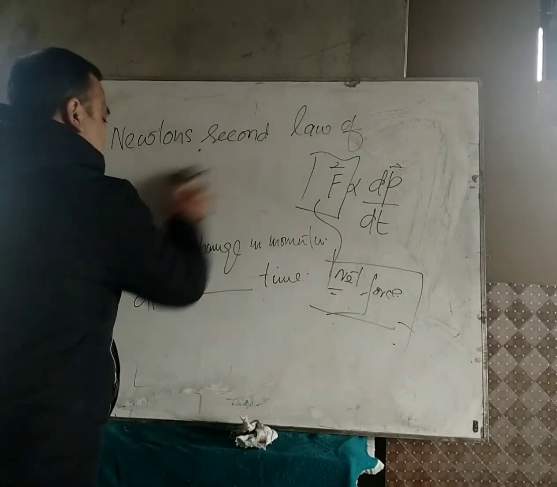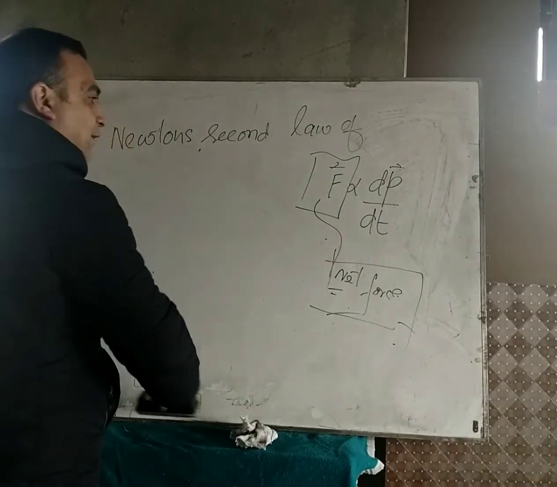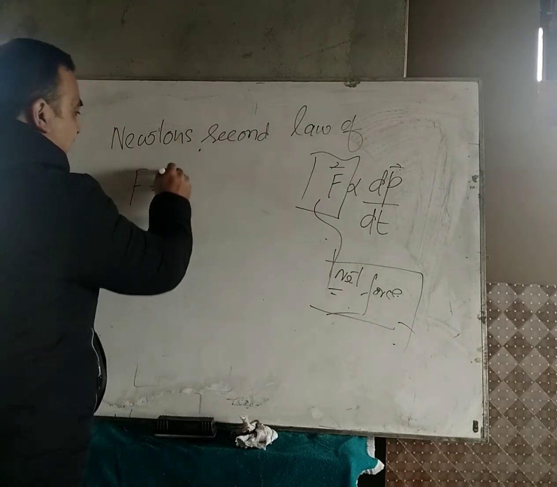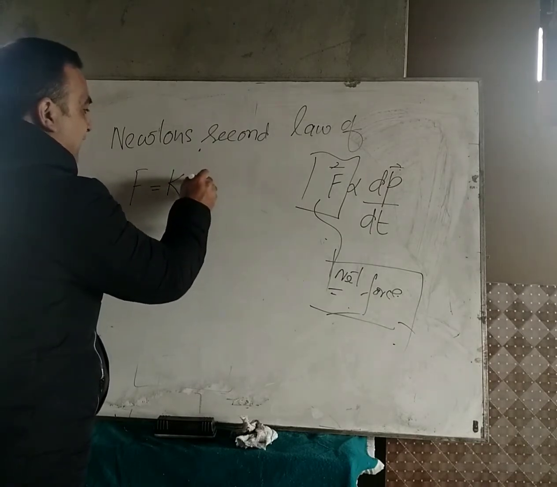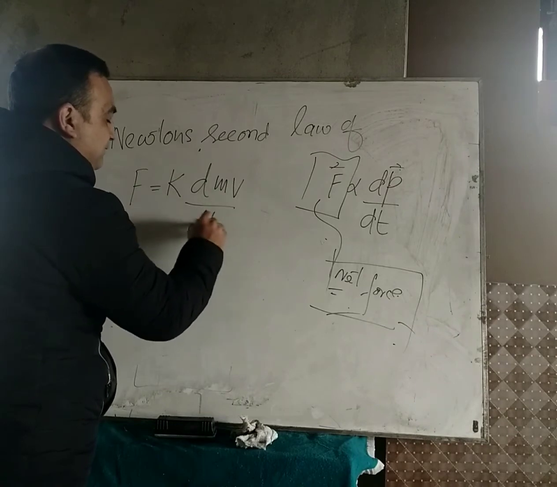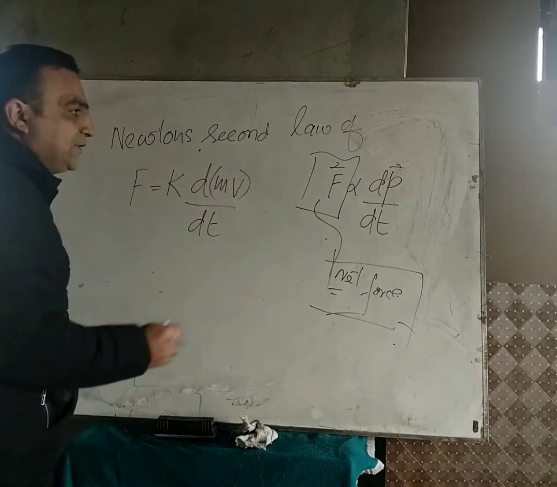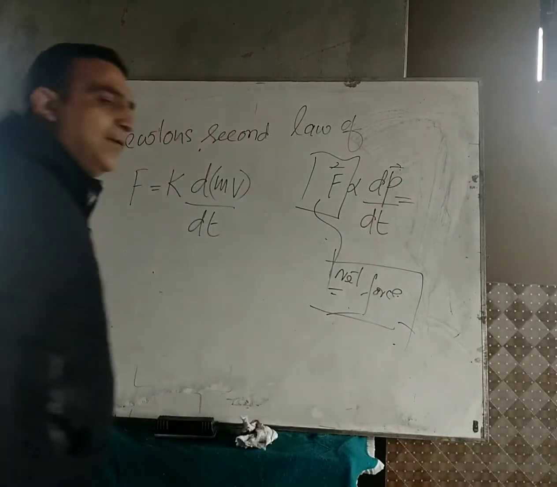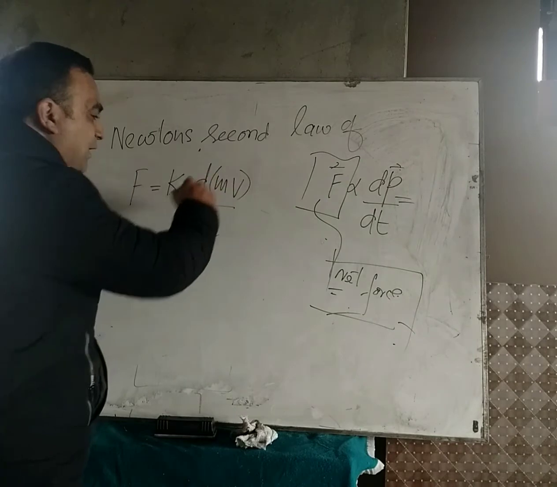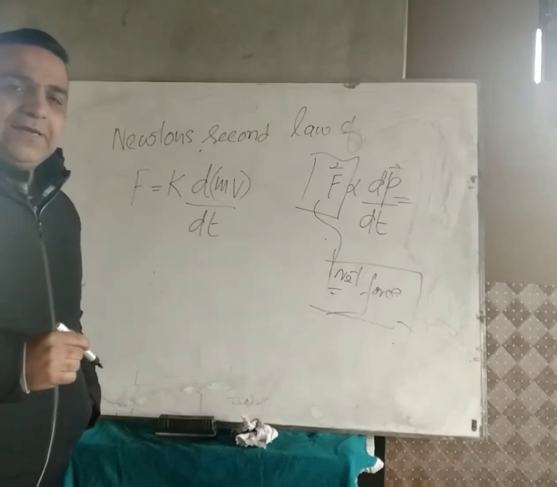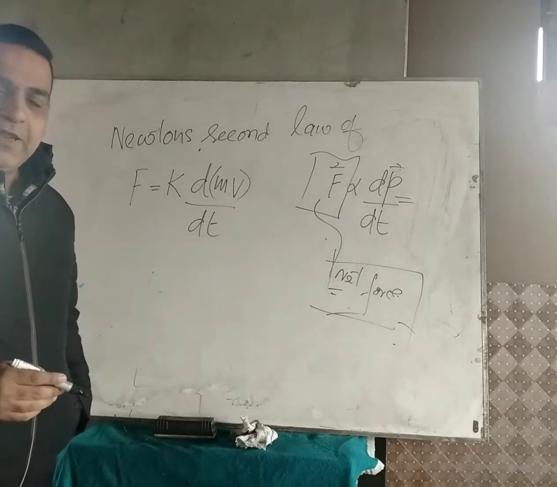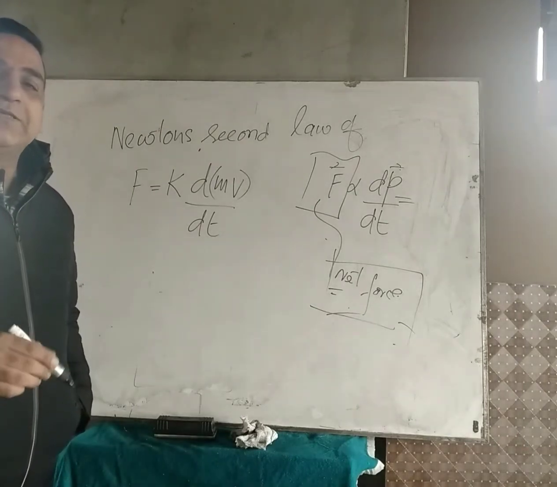So if we proceed, we can write F is some K times d(mv) by dt, because momentum is the product of mass and velocity. Now, this mass is an absolute physical quantity here, if we choose situations where mass is absolute.